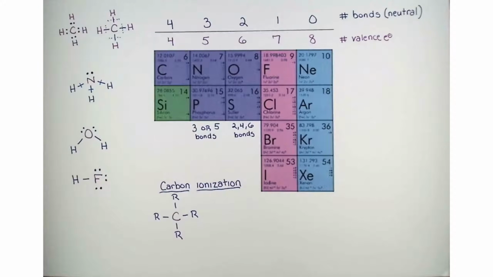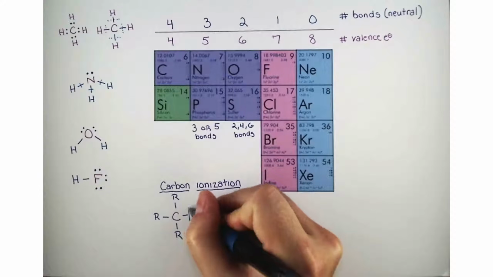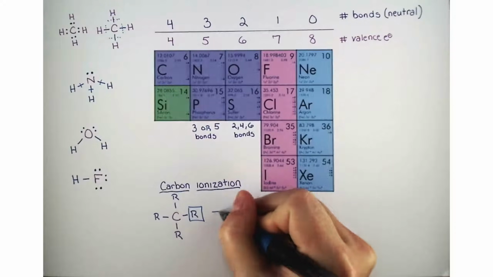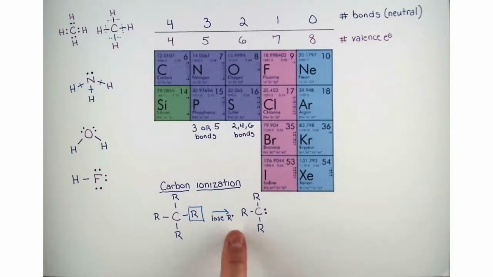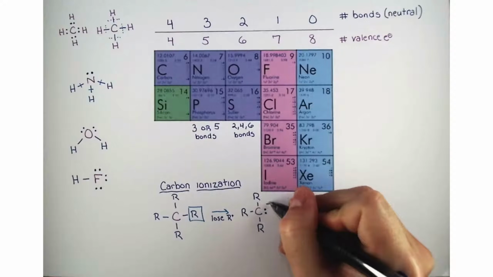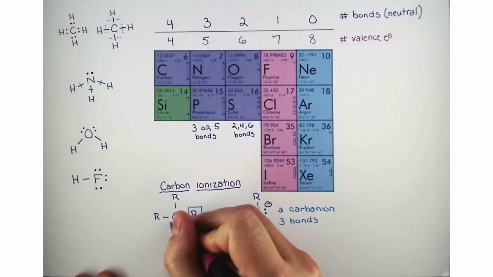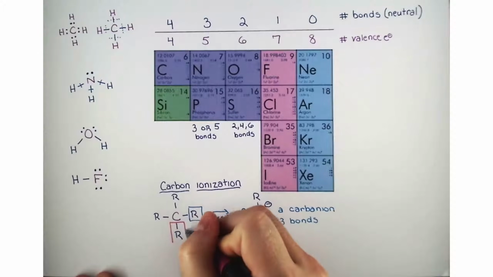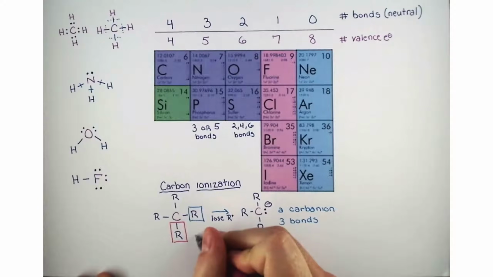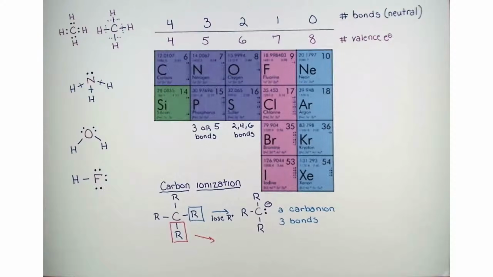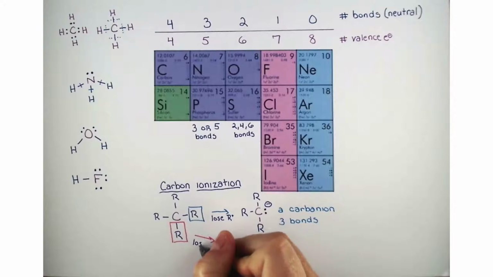Now, if we think about losing R but leaving its electrons behind on carbon, we get an extra lone pair on carbon. This gives carbon 5 valence electrons, therefore the atom carries a formal negative charge. Now, if we think about carbon ionizing by losing the R group with a pair of electrons, we get a different story.